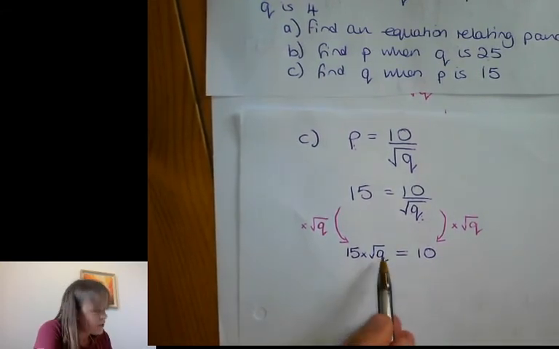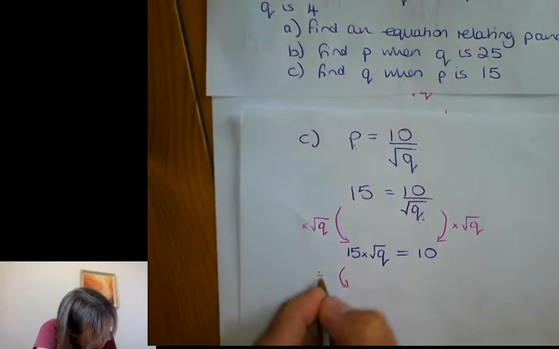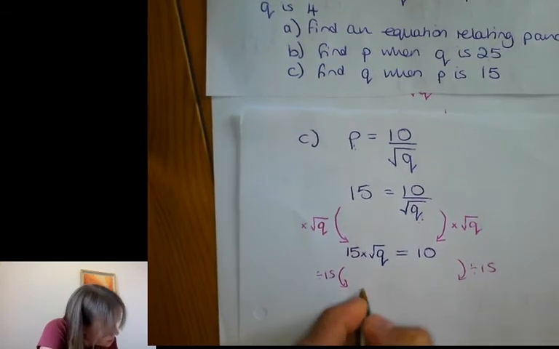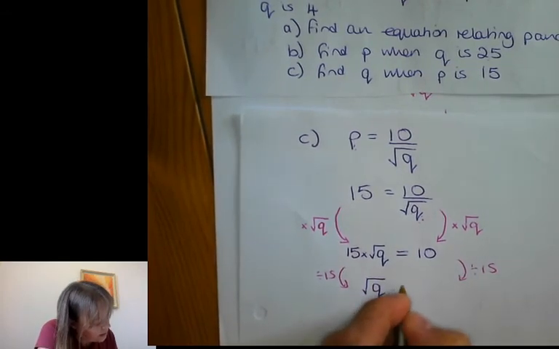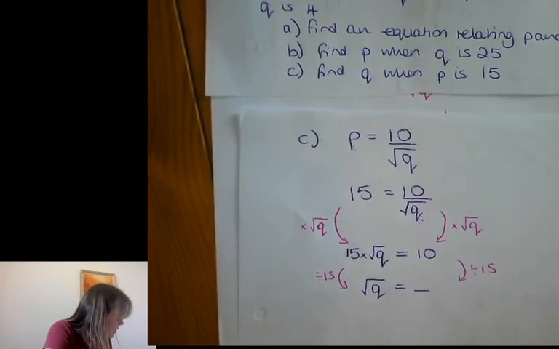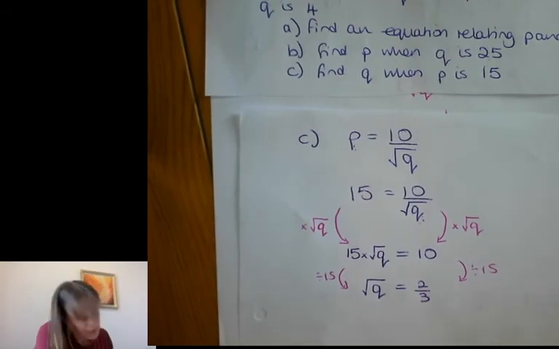Next up, I'm trying to get to this Q, trying to get this on its own, so I'll get rid of that times by 15. And to do that, obviously, I'll divide by 15. So that just leaves the square root Q over here, and 10 divided by 15, I think that simplifies to 2/3, so it looks like that.